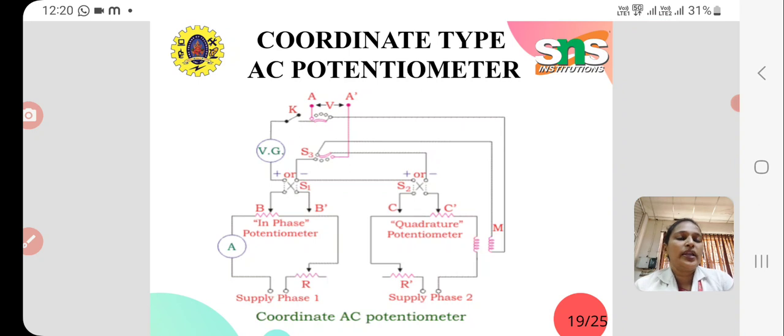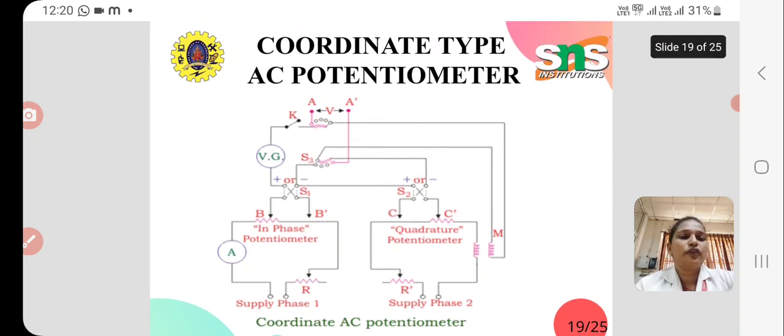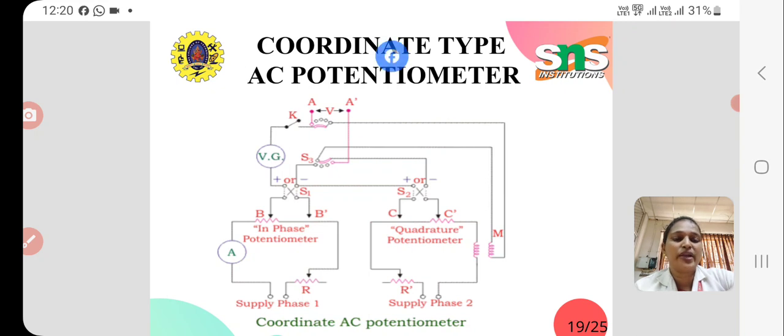This coordinate type AC potentiometer will work for all four quadrants. But how can it be done? We have sign switches S1 and S2, which operate the voltages V1 plus jV2. V1 is the real part and V2 is the imaginary part.